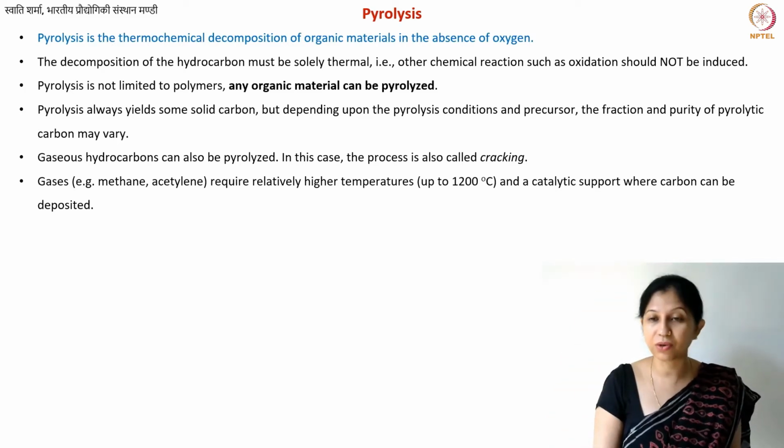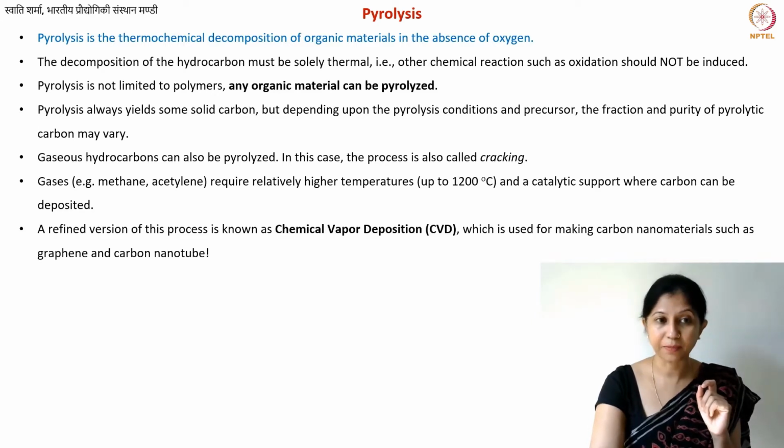You don't want that. You also want to be able to collect it, and you don't want to make your entire furnace full of carbon every time. So what you will do is collect the carbon which comes from the hydrocarbons on a catalytic support or catalytic surface which is heated.